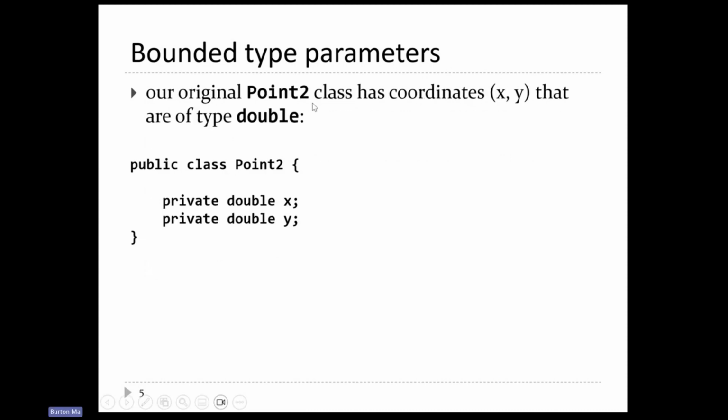All right, so remember our Point2 class, right? So we created a class that represents a two-dimensional point. Internally, it had an X and a Y coordinate of type double, right? If you wanted to, you can change Point2 so that it was a generic type. Now the type of your X and Y coordinates has to be some sort of numeric type. So how do we specify that?